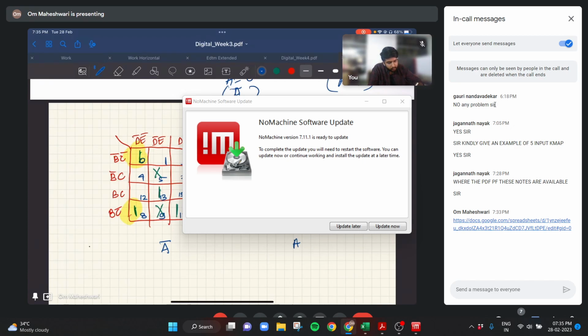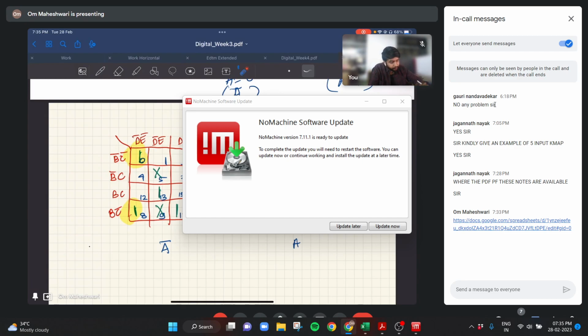You see C bar and E bar is common for all of them. For this whole yellow group it is C bar, E bar. Okay. Now that is done.